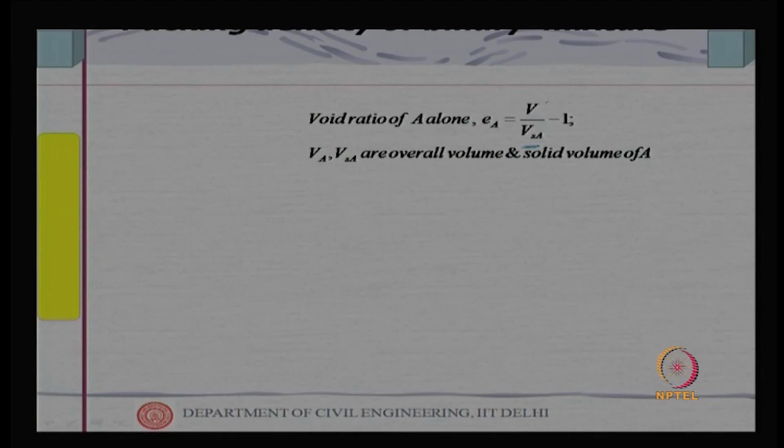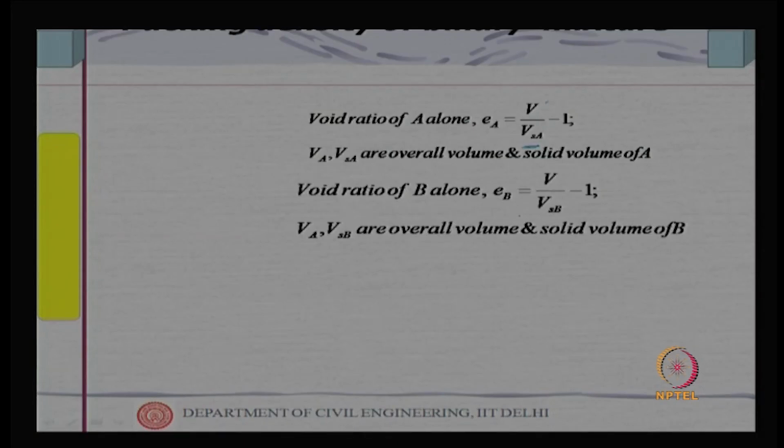So, VA, VSA are overall volume and solid volume of A in the system. Void ratio of B is V divided by VSB minus 1. That means, if I fill in the whole system with B alone, then the volume of solid that would occupy is given by this.